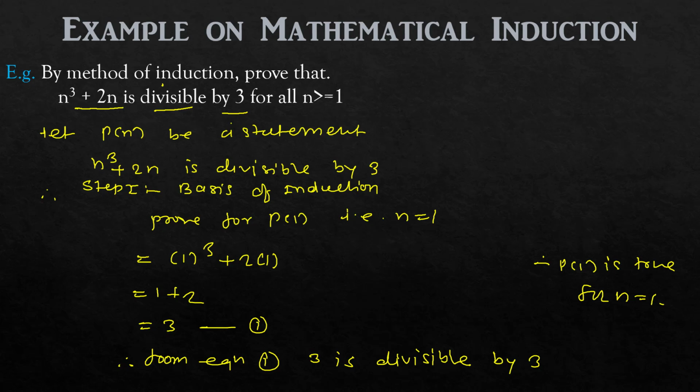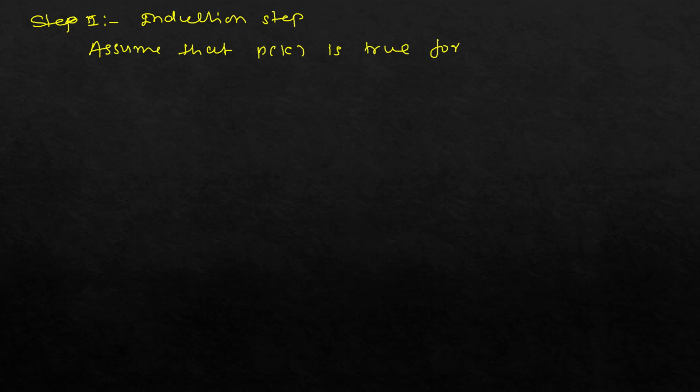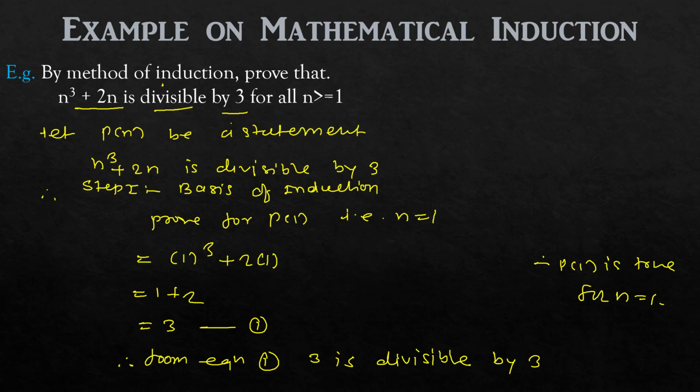Now go for step number 2. Step number 2, that is induction step. What is induction step? Assume that P of k is true for some k belongs to capital N. Means, again, what is the equation? That is n cube plus 2n.